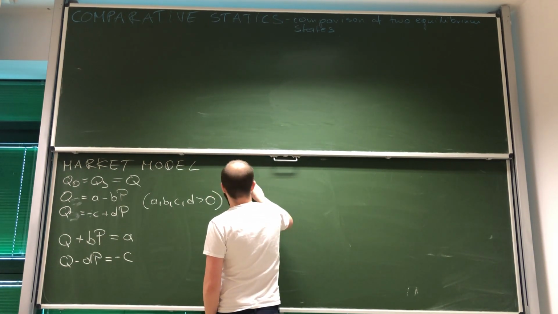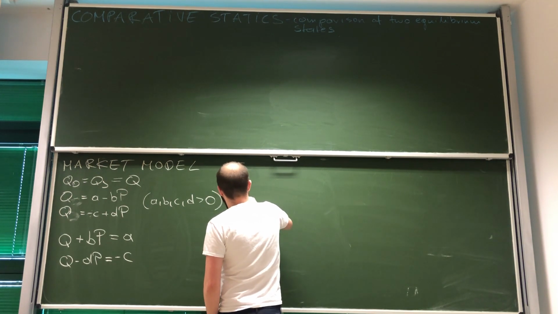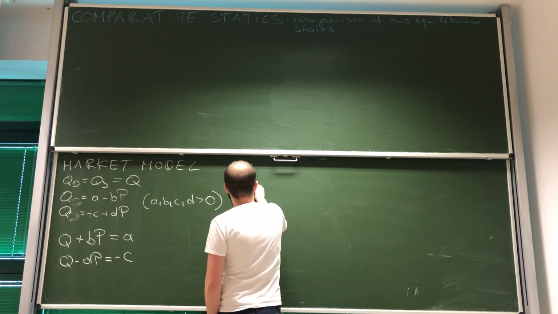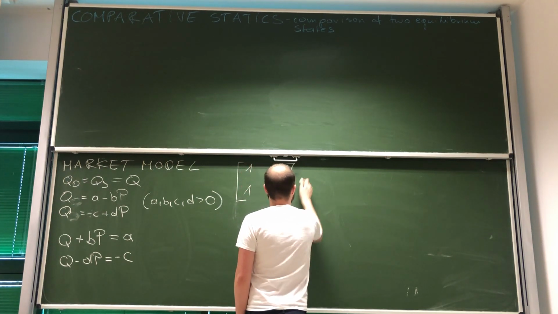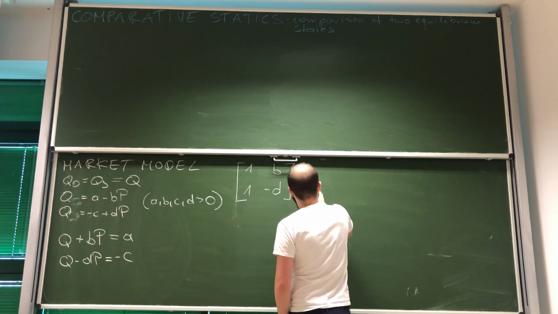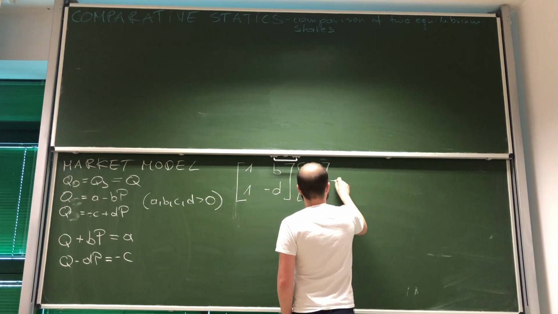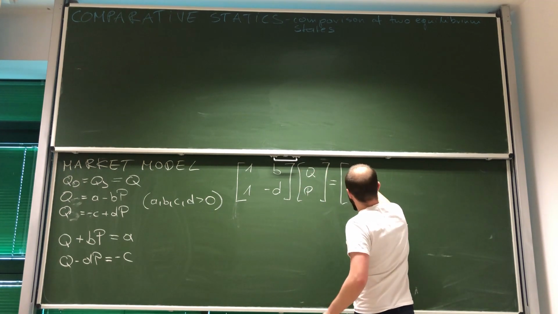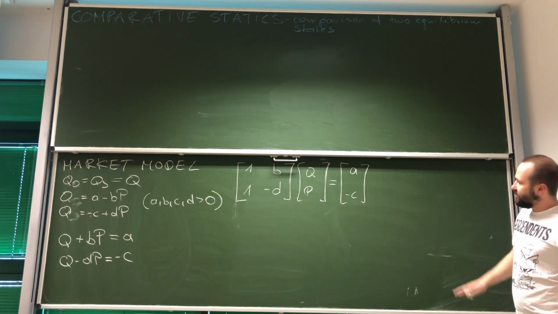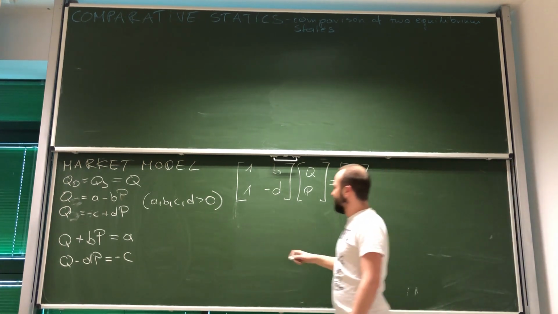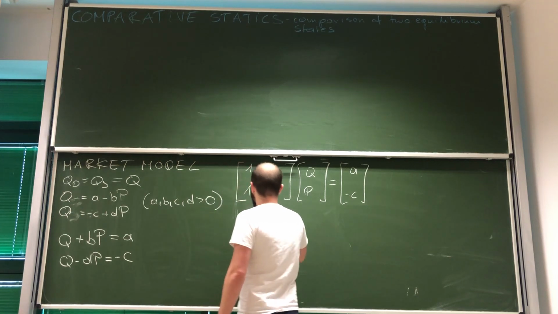Then we take this model and we put it into matrix notation. I don't need this matrix to be that big. 1, 1, b, negative d, q, p, and it's equal to a, negative c. As usual, we start by calculating the determinant.